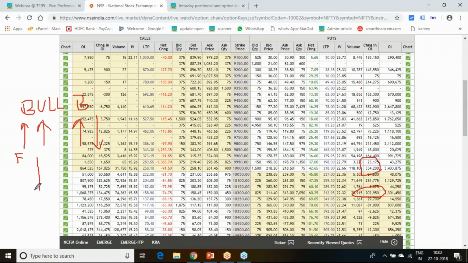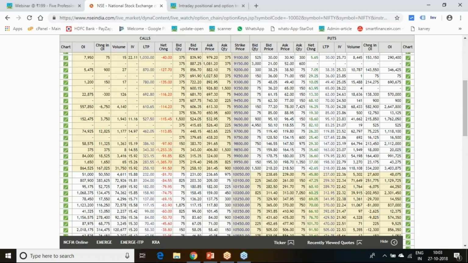However, if the open interest falls and price also falls, this is a suspicious trend. And if price is going up but open interest is falling, this increase also will not withstand, because existing people are booking profit and coming out.